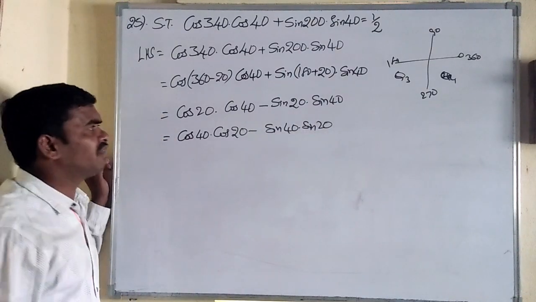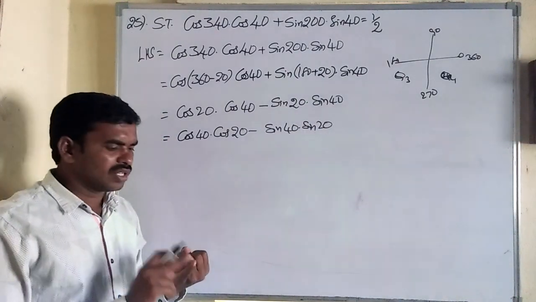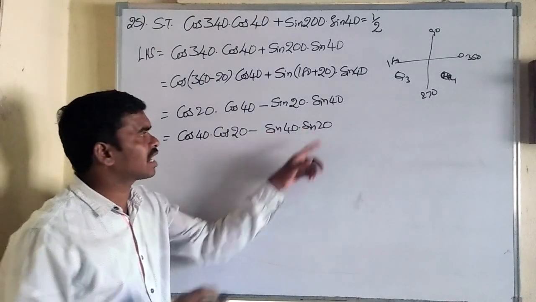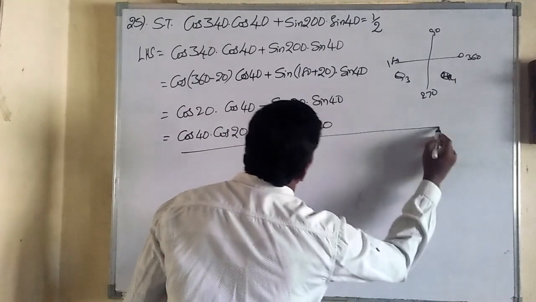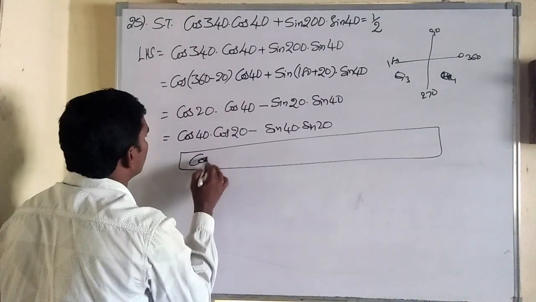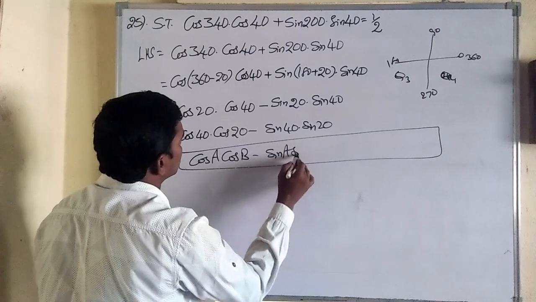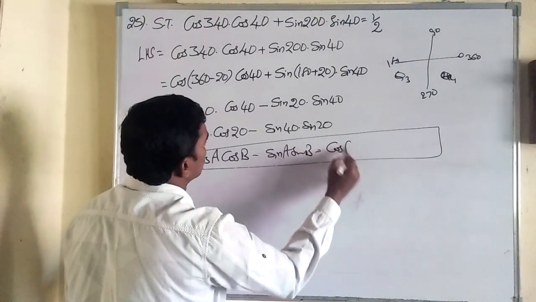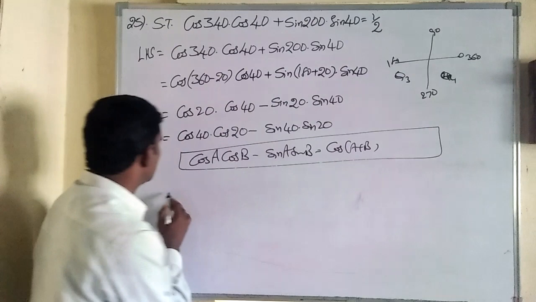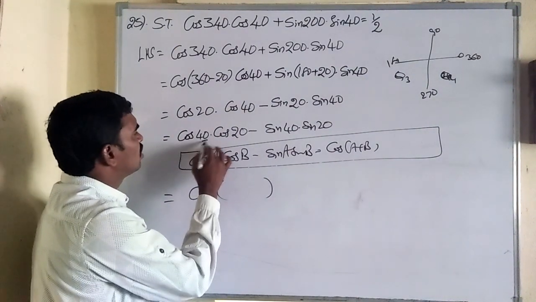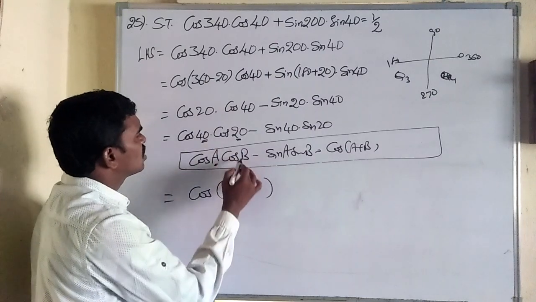See, in which formula can we apply? Cos A cos B minus sin A sin B. Which formula can we apply? Cos A cos B minus sin A sin B is called the cos of A plus B formula. So A means 40 degrees, B means 20 degrees.